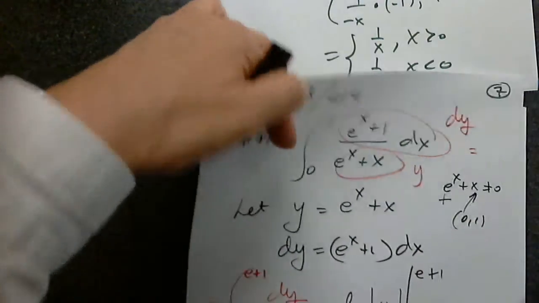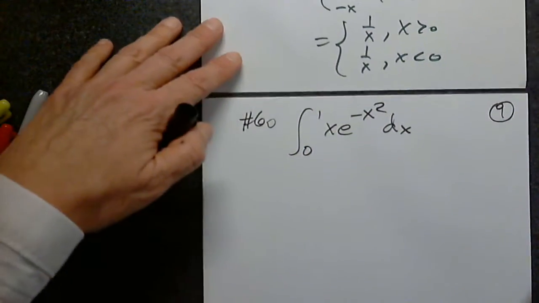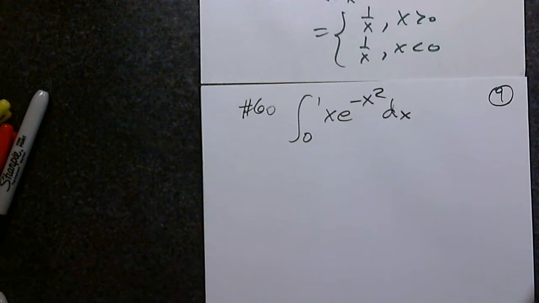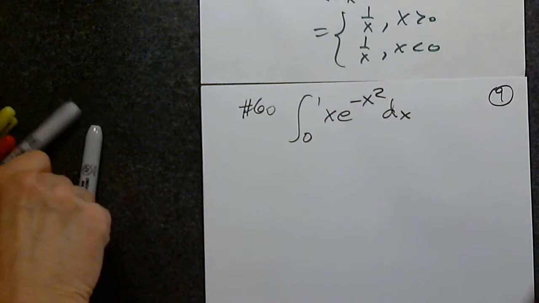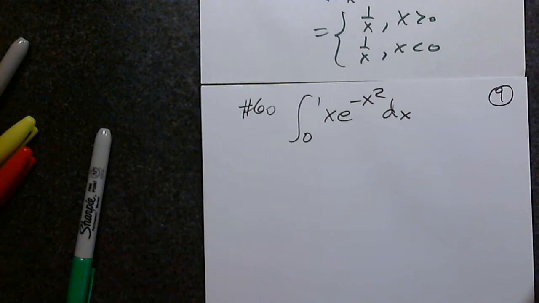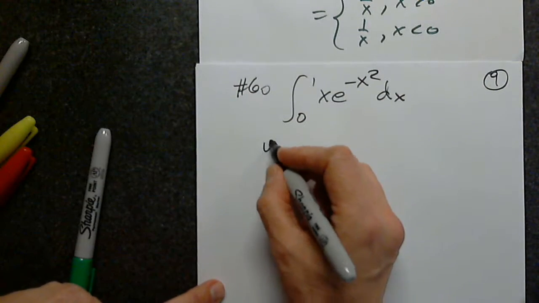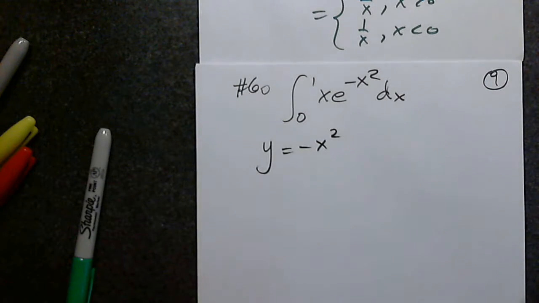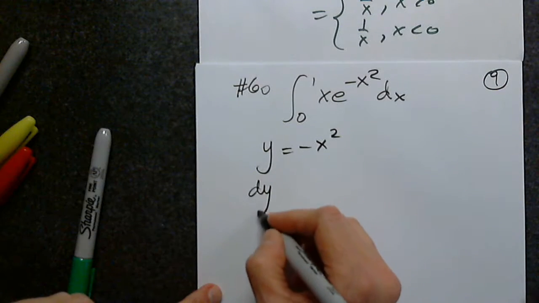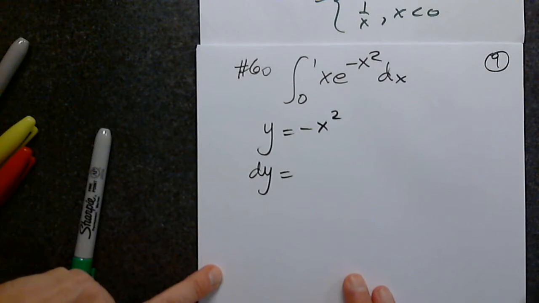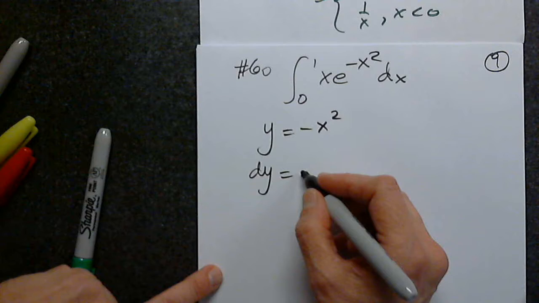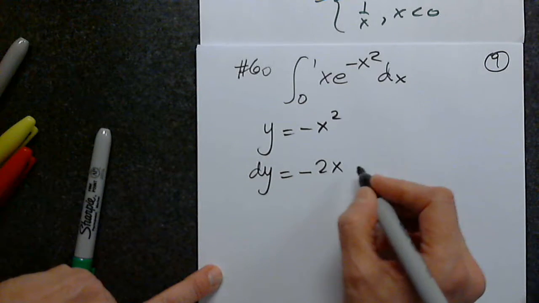Good. As long as you always make sure that the function is continuous on that given interval. Okay, very good. So now, what would you like to make disappear? Yes. So I want this, only if dy is in the problem. Is dy in the problem? Negative 2x dx.